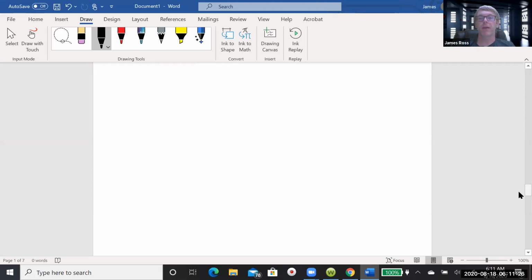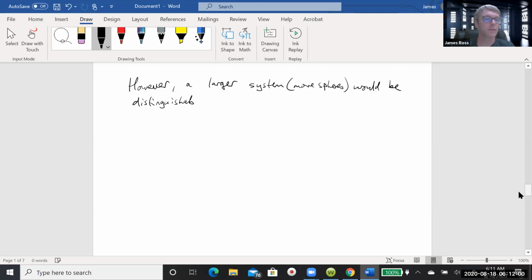Now let's make the sample a bit bigger and we lose that indistinguishability. However, a larger system, which just means we've got more spheres, would be distinguishable in the plus time and minus time directions.